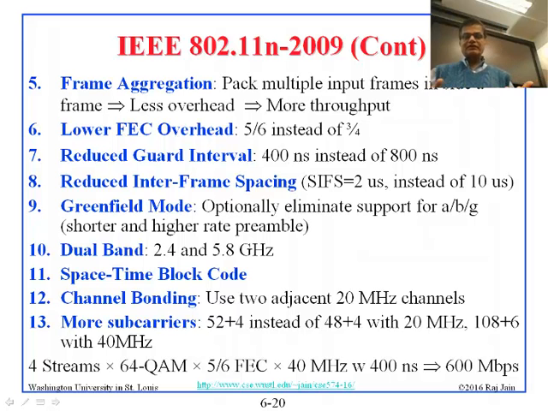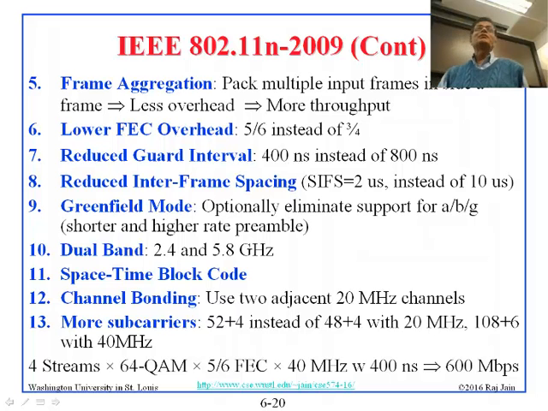So now here is what they are doing. They are taking 4 less pilot or something, 4 more for data. So again, it is good for throughput, but bad for error correction. And so 108 plus 6 with 40 megahertz. So now if you have 4 streams, each with 64 QAM, with 5 by 6 FEC and 40 megahertz with 400 nanoseconds.